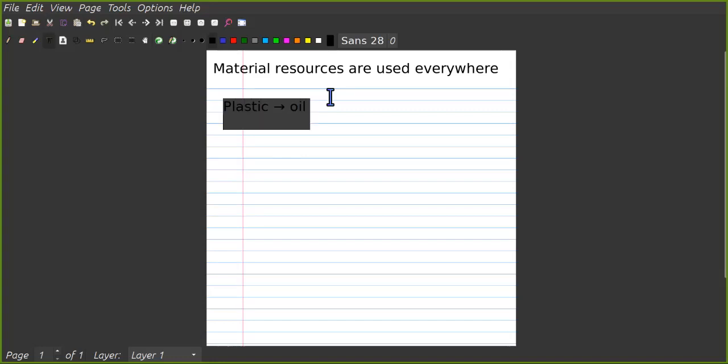We have glass that comes from sand. We have steel, which comes from carbon, which comes from the earth, and iron, which also comes from the earth. Steel is iron and carbon.